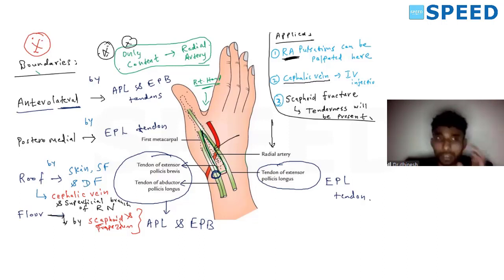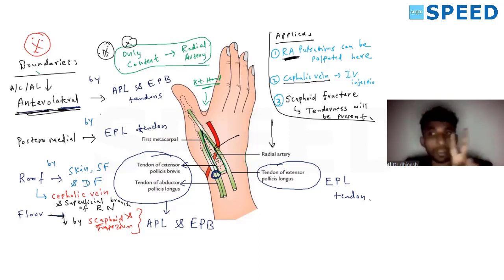So coming to the boundaries of the anatomical snuff box, the anterior, or lateral, otherwise anterolateral boundary will be formed by two tendons, namely the abductor pollicis longus tendon and the extensor pollicis brevis tendon.